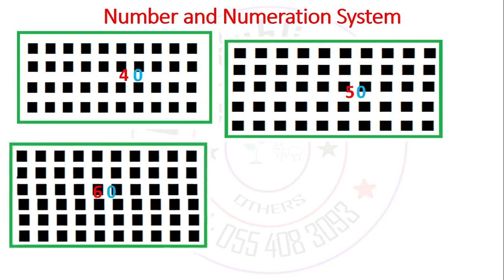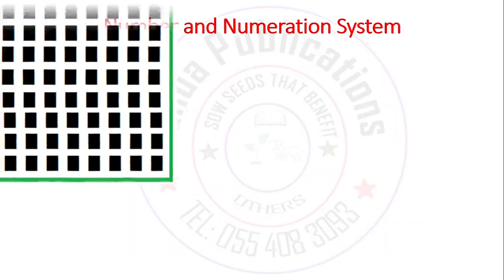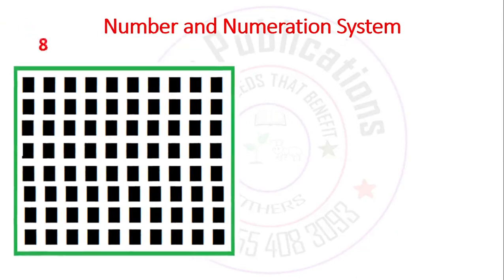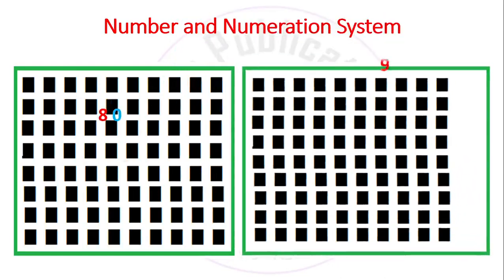In that order. So here we have 8 groups of 10 remaining 0. 9 groups of 10 remaining 0. Alright. We are moving on.